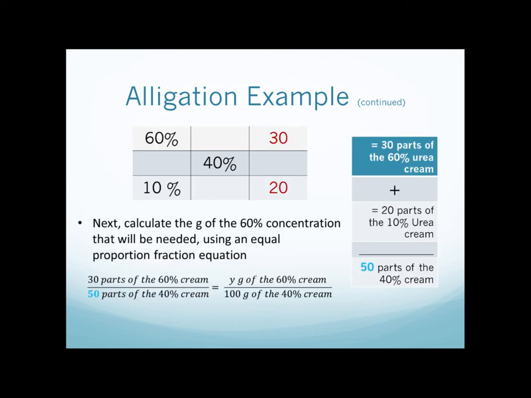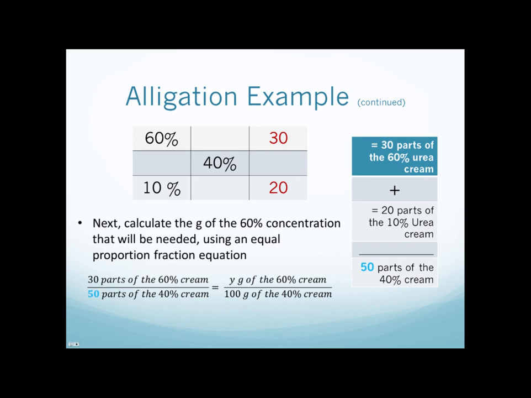So what I have here is this tic-tac-toe box, trying to make a 40% strength of this cream. This is telling me that I need 30 parts of the 60% and 20 parts of the 10% to make this cream. I add these two: 30 parts plus 20 parts is equal to 50 parts total.